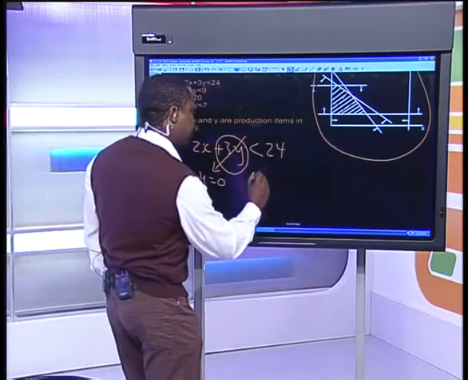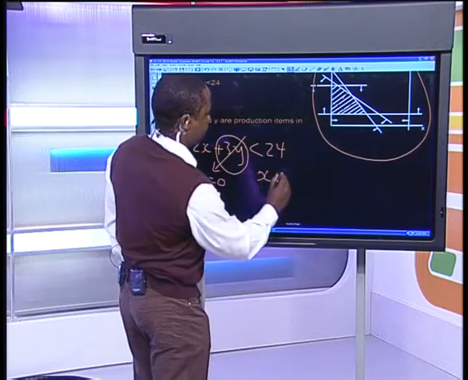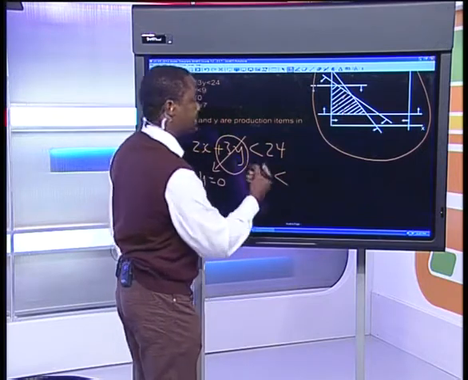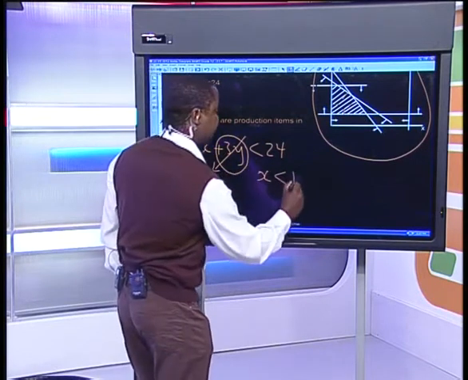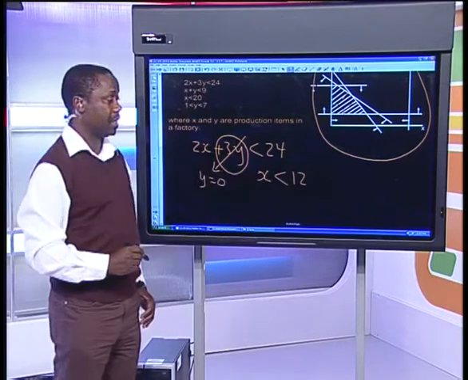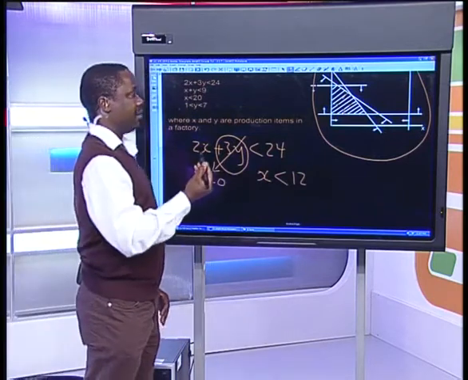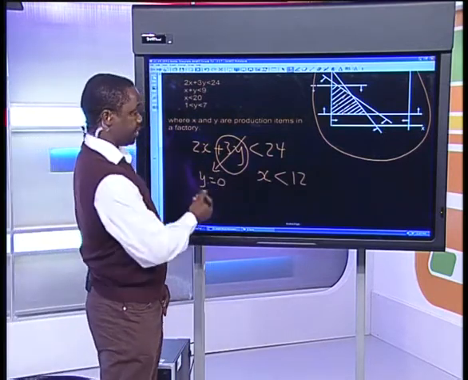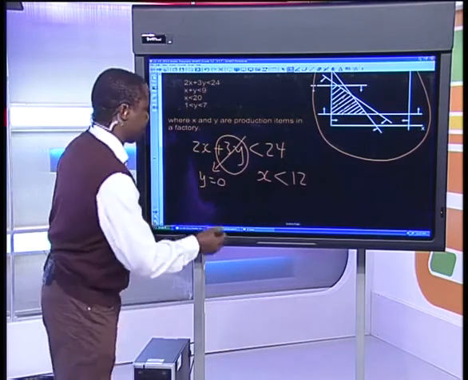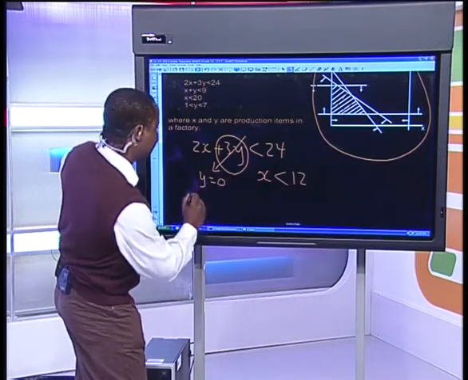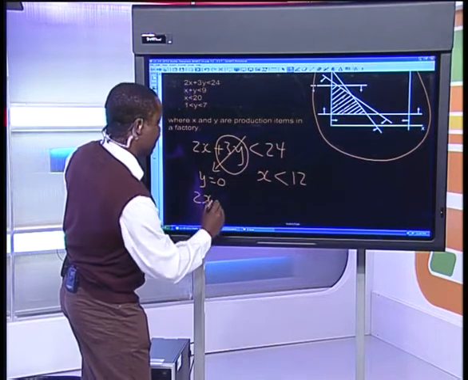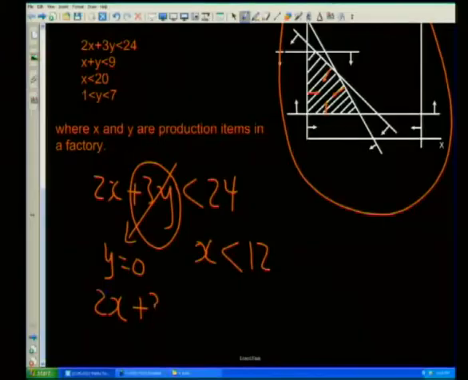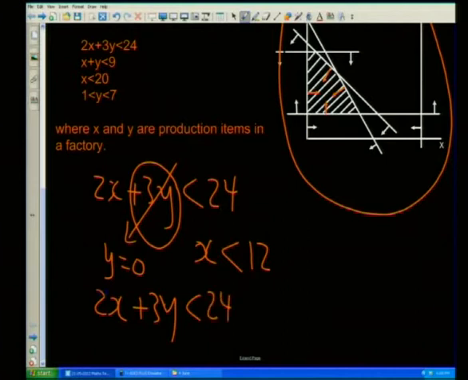That results in x, in this case, x less than, because this is now an inequality, x less than 12. All right? Now, that was the x-intercept. For the y-intercept, I will have to cover the x term now, if I can quickly rewrite that.